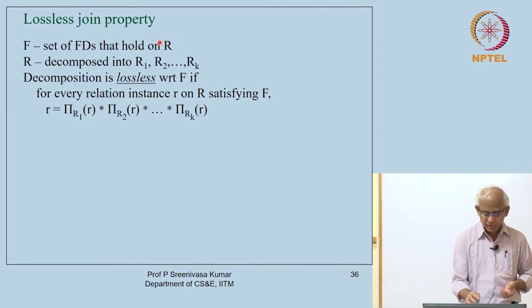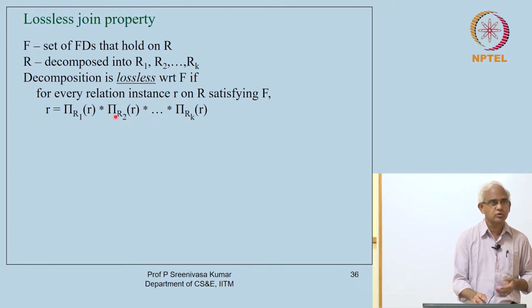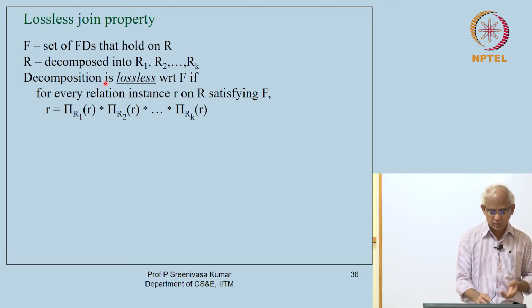So, you take any instance on capital R, and then you get back these instances by projecting them onto R1, R2, R3, Rk, and if you join them back you should get R, because anyway originally this information came from R, so if you join them you should get back R. If this is the case, then we will call it lossless.